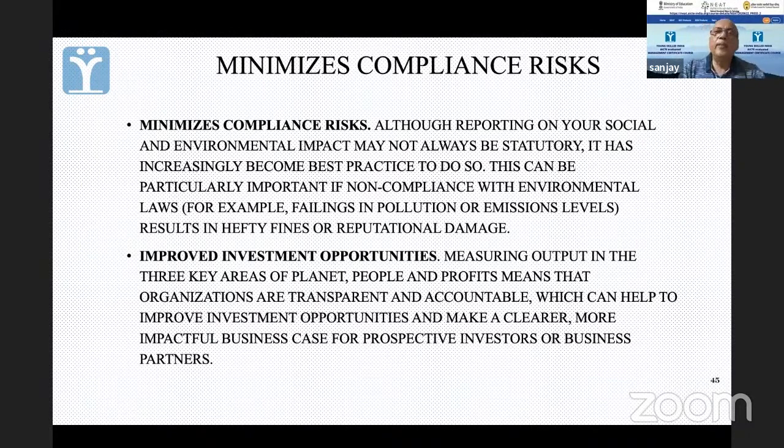Every big investor is concerned about their own reputation, more than yours. When they invest money with you, people know that so-and-so has invested in this company. And if that company is seen to be a good, green company, it helps their own reputation also. So companies which are compliant will end up with better investors.